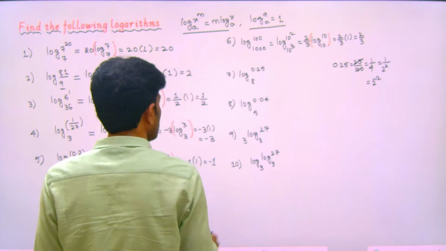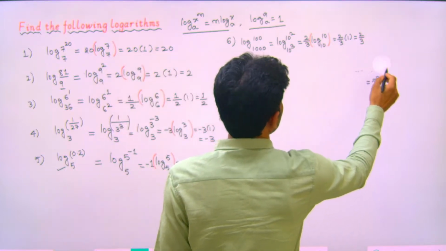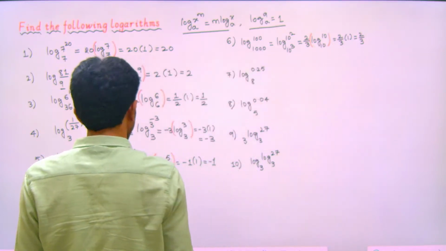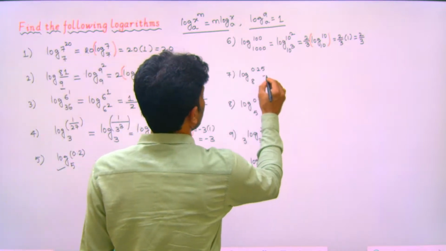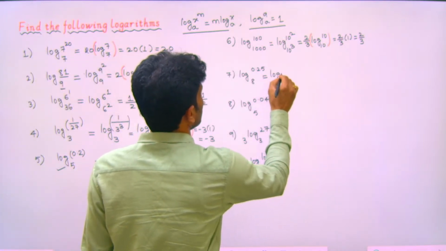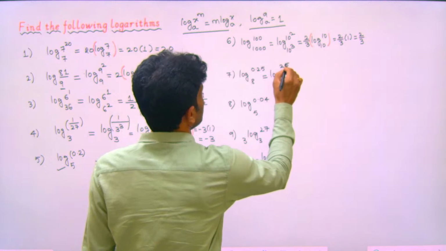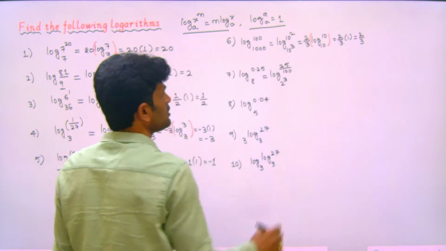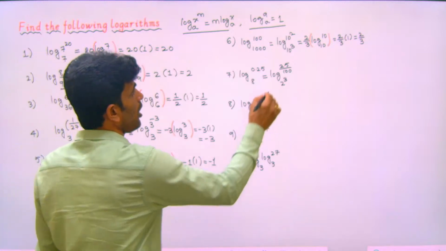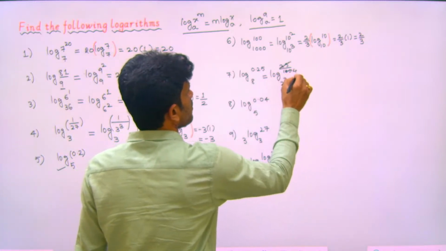Okay, so 0.25 is 2 power minus 2, and 8 we know is 2 power 3. So I am writing it as log 25 by 100 to the base 2 power 3, because 8 is 2 power 3. Now after cancellation, it is 1 by 4.